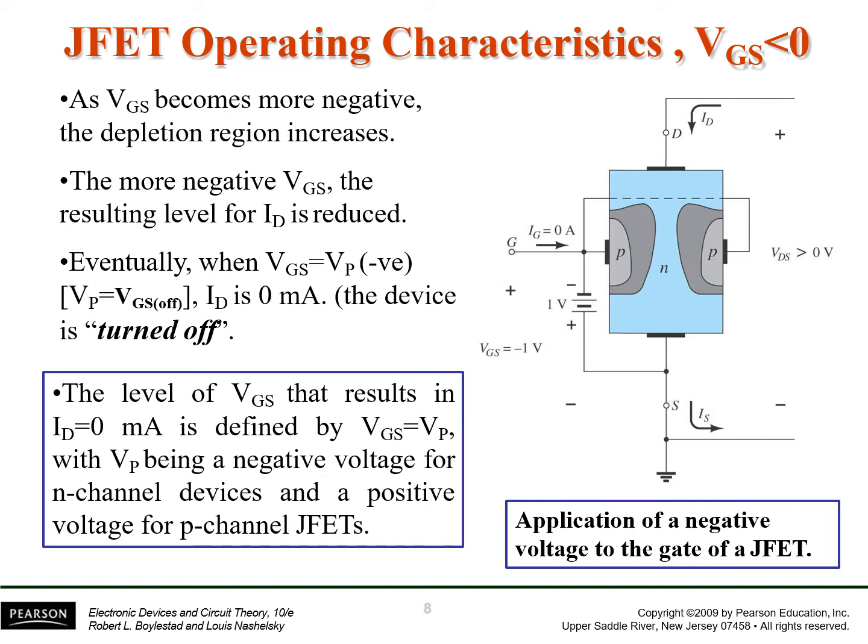As we go on increasing the value of the voltage between the drain and the source, the current would increase, but since we have put a negative voltage potential between the gate and the source, the current ID would saturate at a lower level as compared to IDSS.